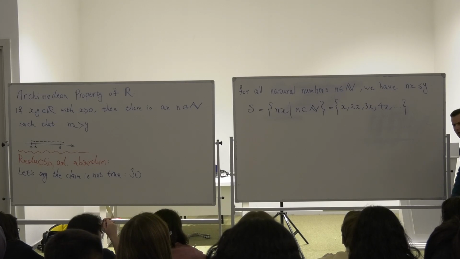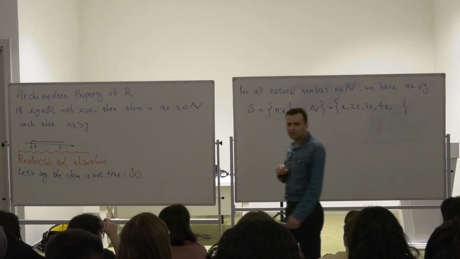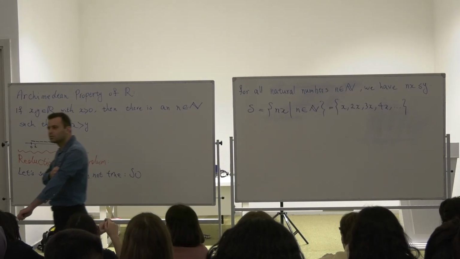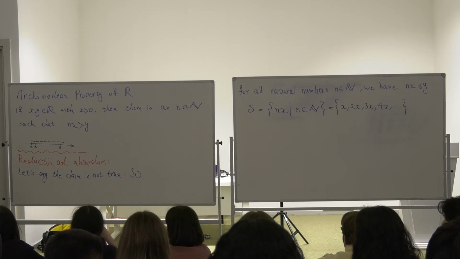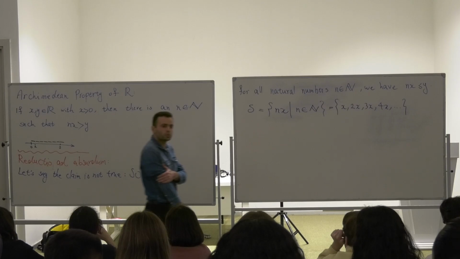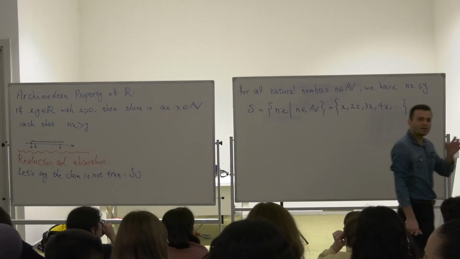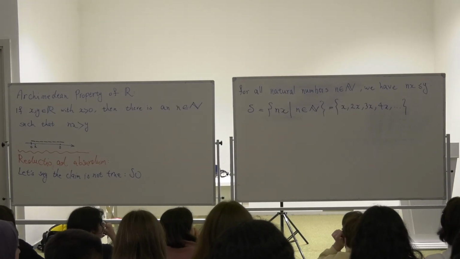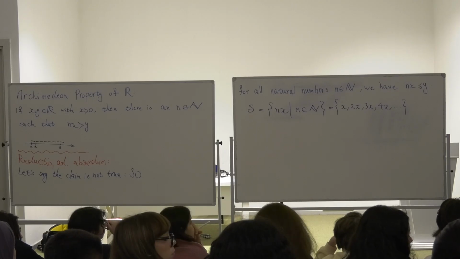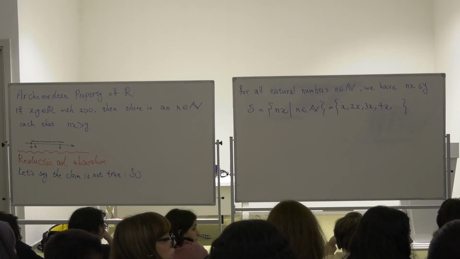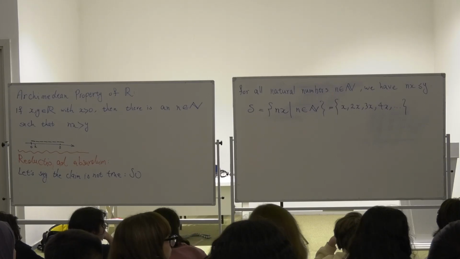Now, question. If we have a non-empty set, which is a subset of real numbers and is bounded from above, what can we say about this set? Do you remember the least upper bound property? We have talked about it today, about supremum. We have a non-empty set such that it is bounded from above. There is some number bigger than numbers in the set.